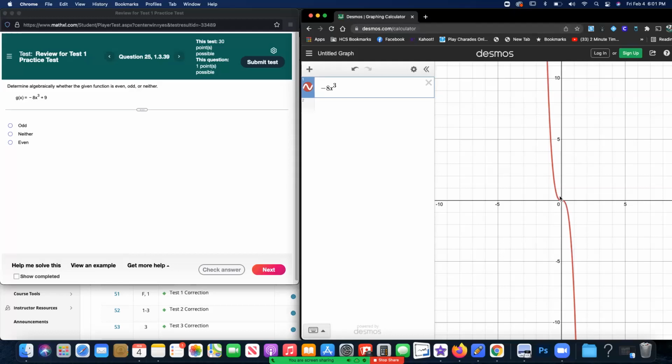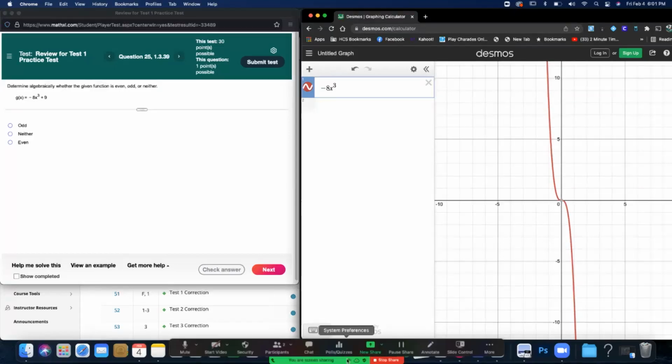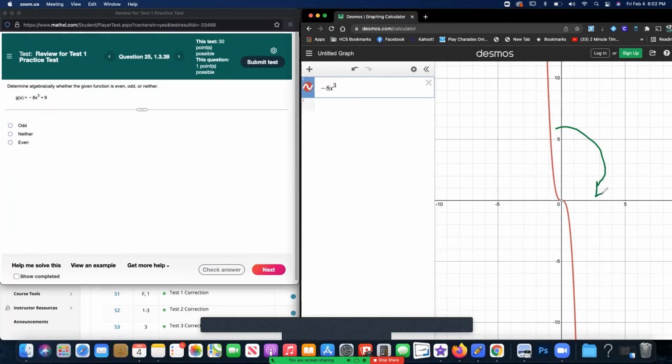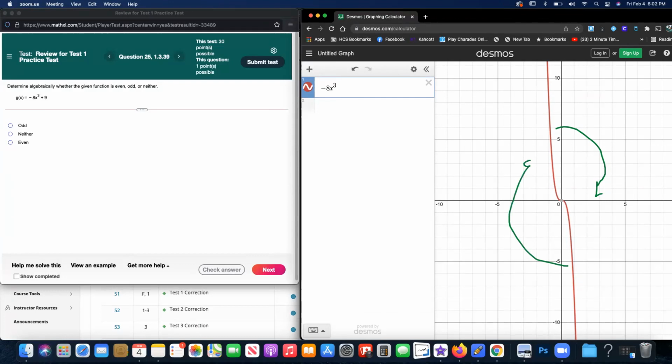It's odd because what odd means is I could take all this right here and rotate it 180 degrees about the origin, and I'll end up with the exact same thing. But let's see what happens when I add 9 to it.